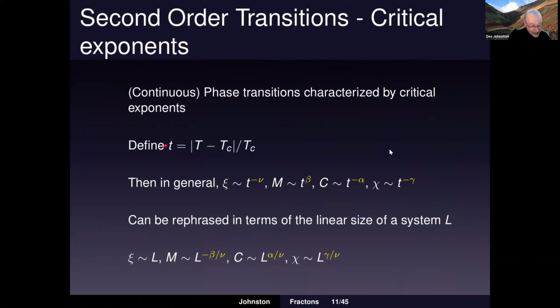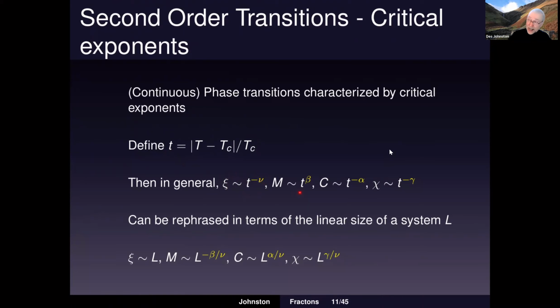So you could define a scaled distance of your transition temperature, and then in general, for a continuous transition, the correlation length. So you can define a correlation length between your spins in your model. You have a look at how they correlate over different lattice lengths. That would diverge with some critical exponent that's characteristic of the transition.